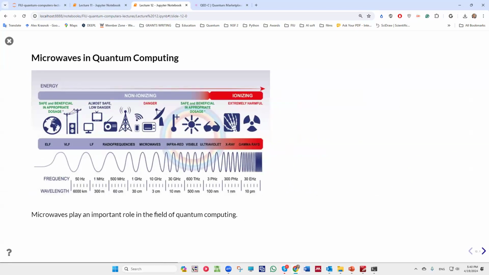A few words about microwaves and quantum computing. The microwaves are part of the electromagnetic radiation spectrum, right? For example, here you can see different areas of the spectrum, including radio frequencies, infrared, visible. The visible part is the part we actually see, right?